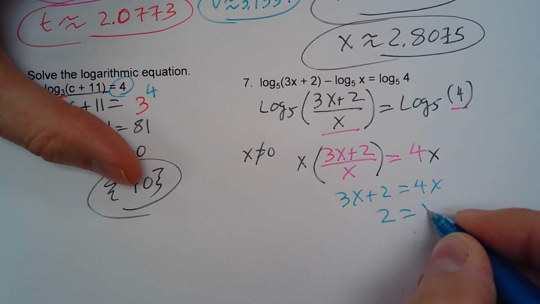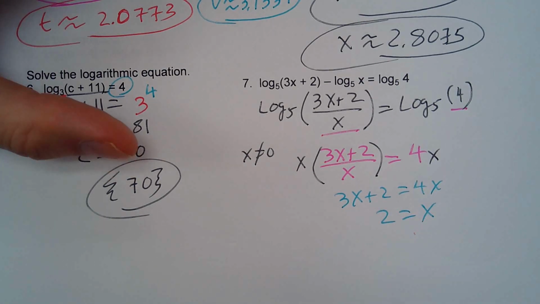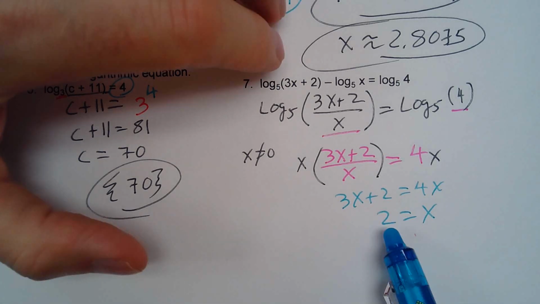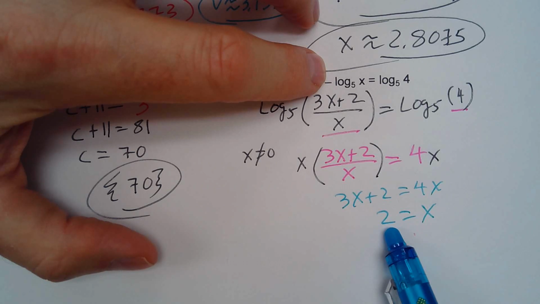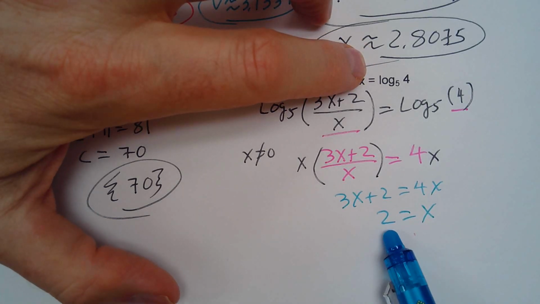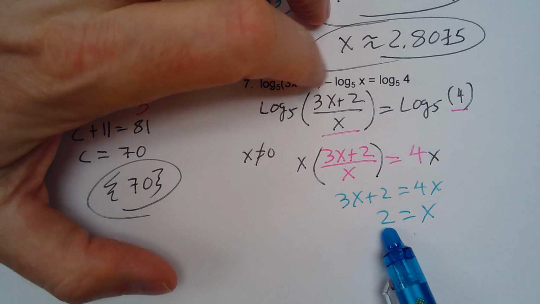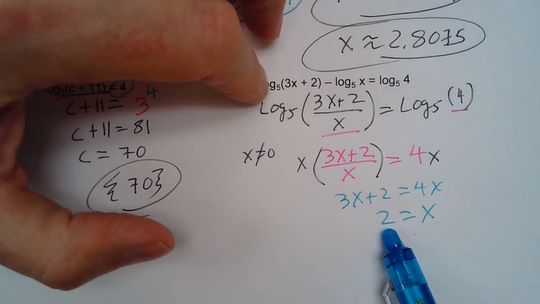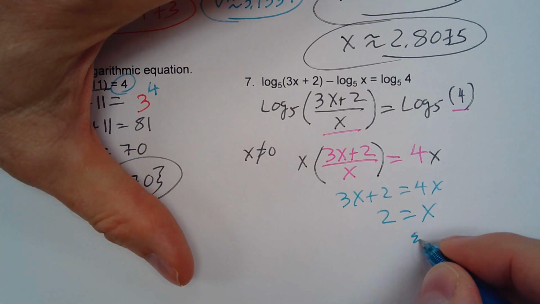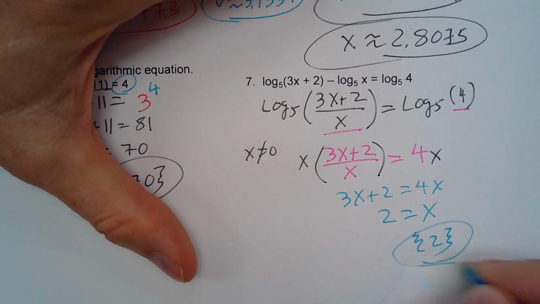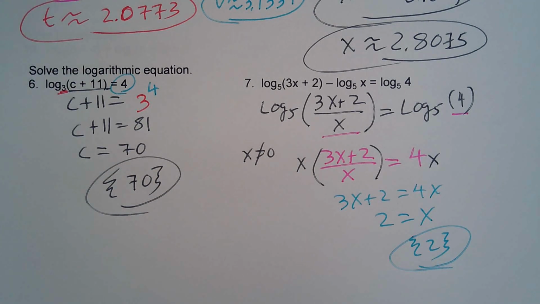So 2 equals x. So let's check it. 2 times 3 is 6 plus 2 is 8. That's 2. Both of those check. 8 divided by 2 is 4. So that gives us log base 5 of 4. So it does check. So 2 would be my answer.